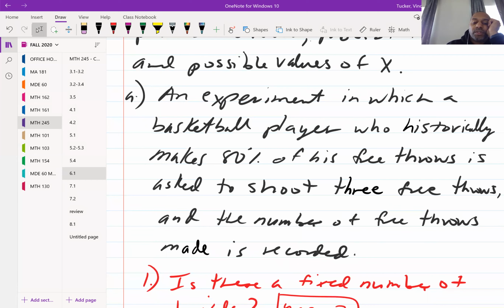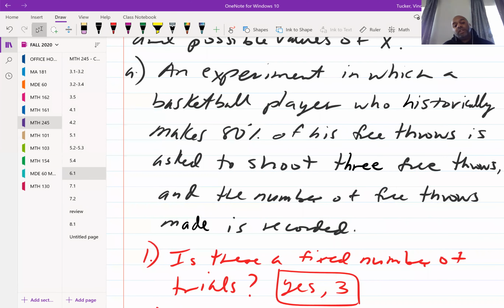So the first criteria that needs to be met, is there a fixed number of trials? The answer is yes. They ask him to shoot the ball 3 times.